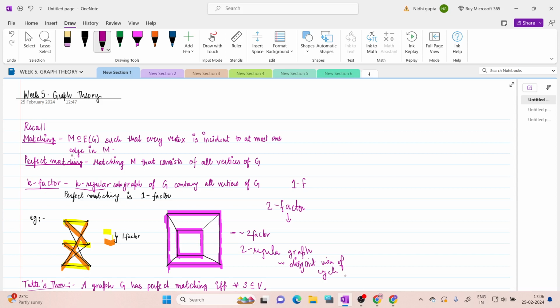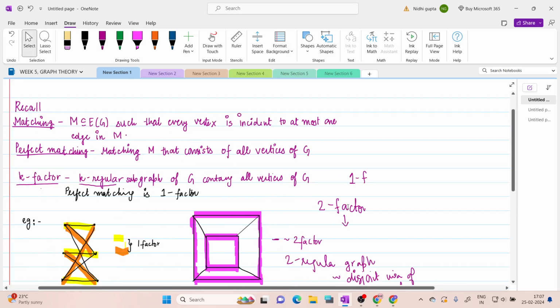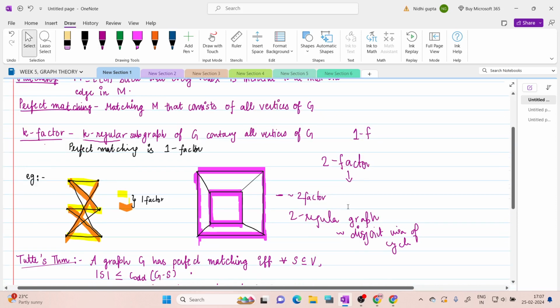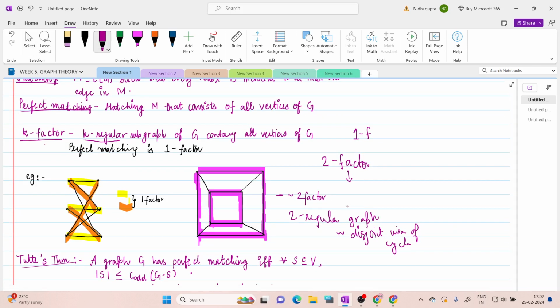So let's understand this k factor with some examples. On the left you can see a bipartite graph, and here the k factor we require is a perfect matching. A perfect matching is a set of edges such that every vertex is incident to exactly one edge.